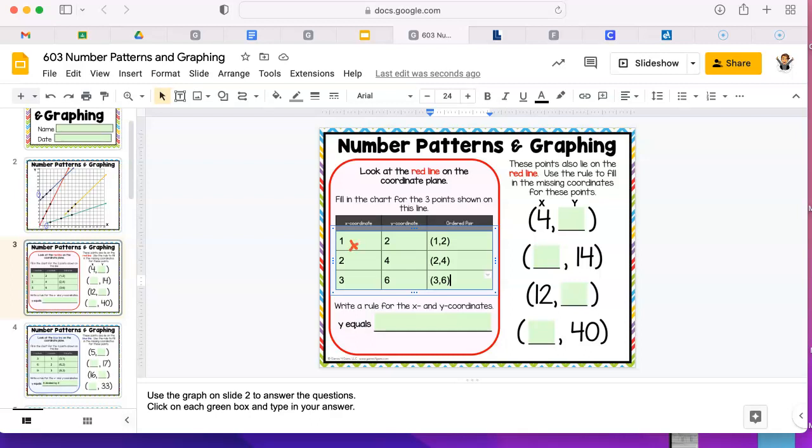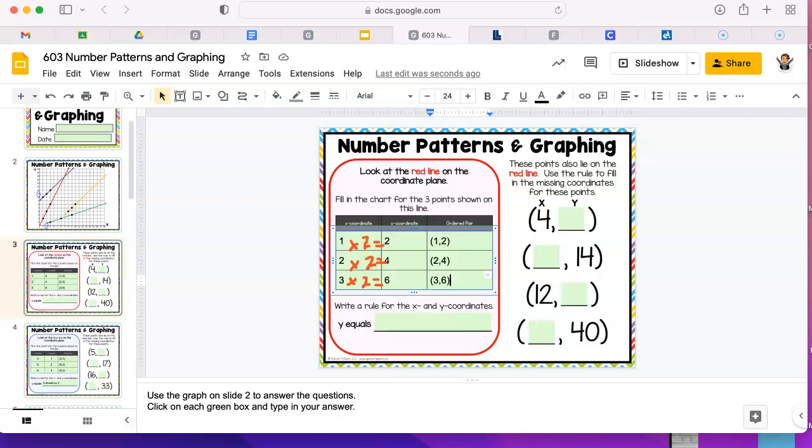X times 2 equals 2. 2 times 2 equals 4. 3 times 2 equals 6.